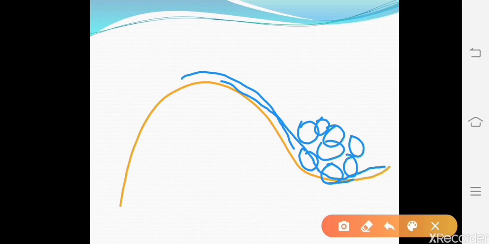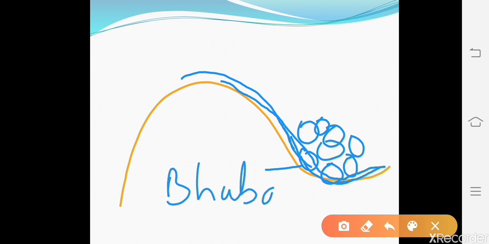Now at this place the river disappears. Now why does the river disappear? The reason is the river is flowing under these pebbles. Now this pebble-studded area is known as Bhabar, which forms the northward limit of northern plains.